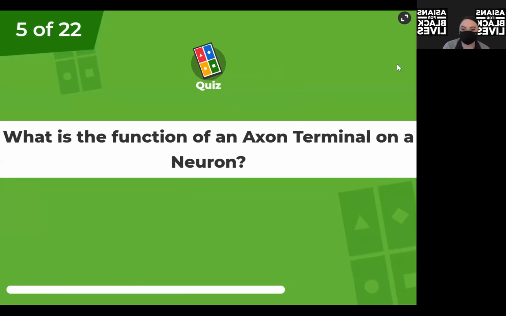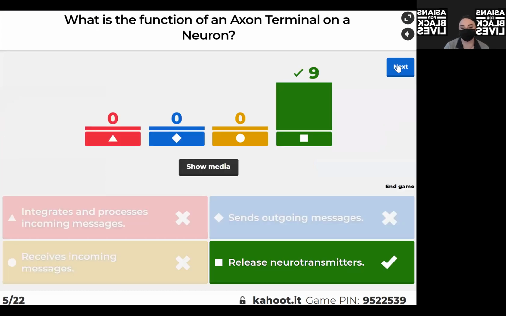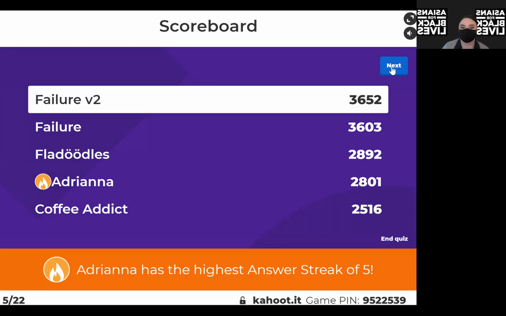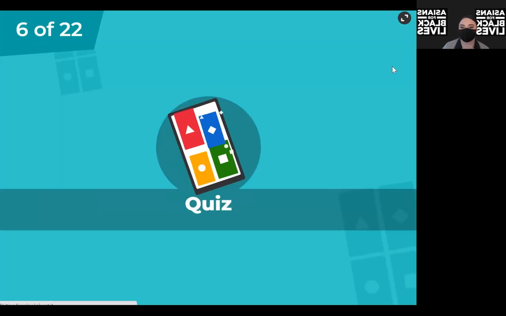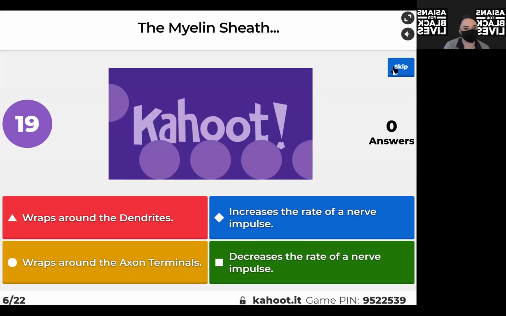What is the function of an axon terminal? Good, it releases neurotransmitters. The myelin sheath. Which of these is correct about the myelin sheath?